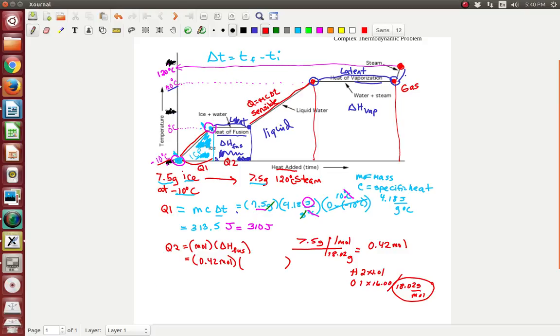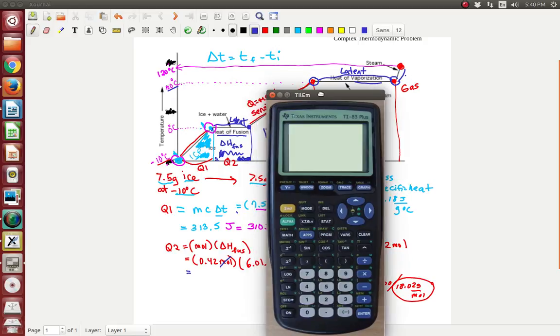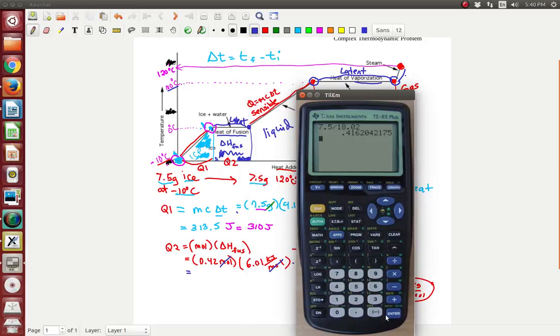6.01 kilojoules per mole. Now I want you to notice again, moles in the numerator, moles in the denominator cancel. So now we're going to calculate what Q2 would be. All right, I'll pull up my calculator, scoot it over so we can see, turn it on.